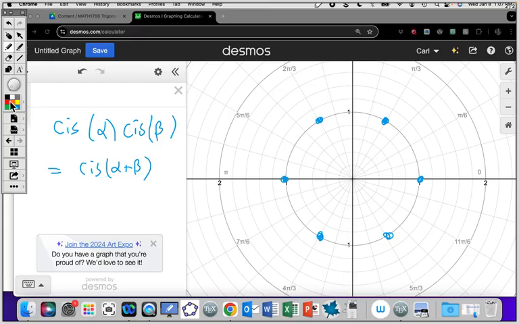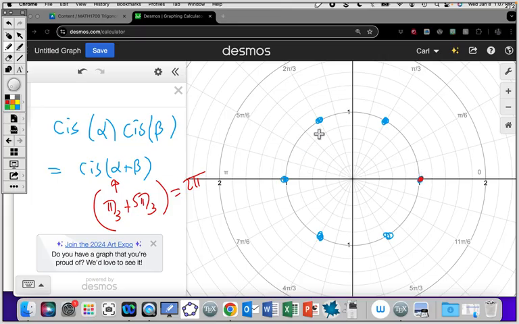Well, think about it. These are all equally spaced pi over 3 apart. So let's say I take cis of pi over 3 and I multiply it by, I don't know, 5 pi over 3. All I'm doing is adding these. This would get me to 2 pi, which would be right back to here.